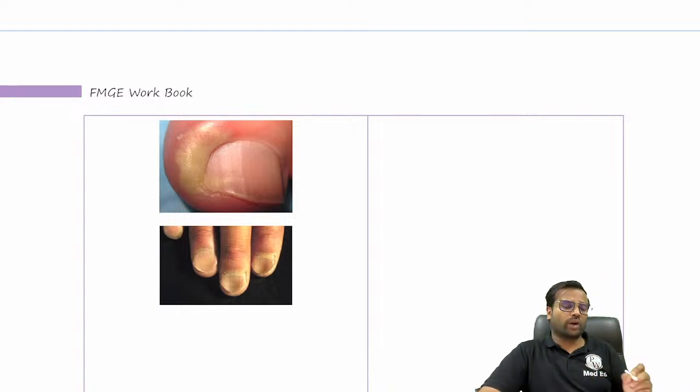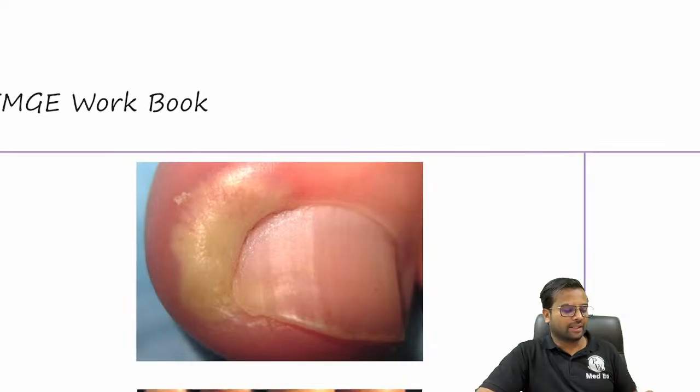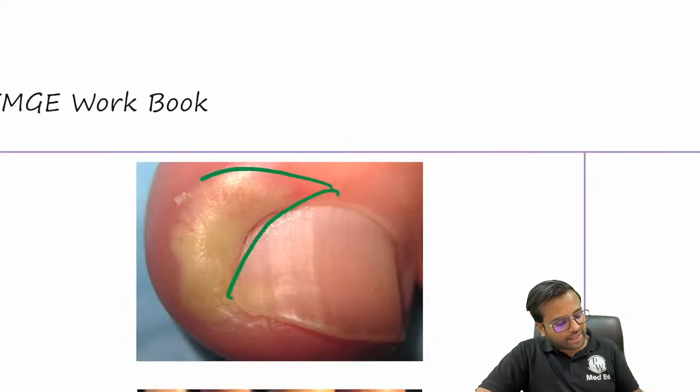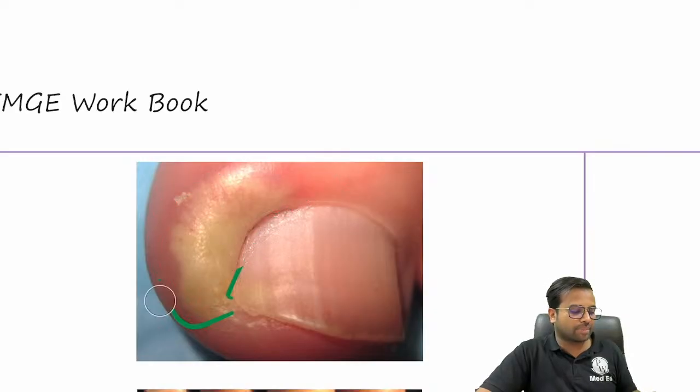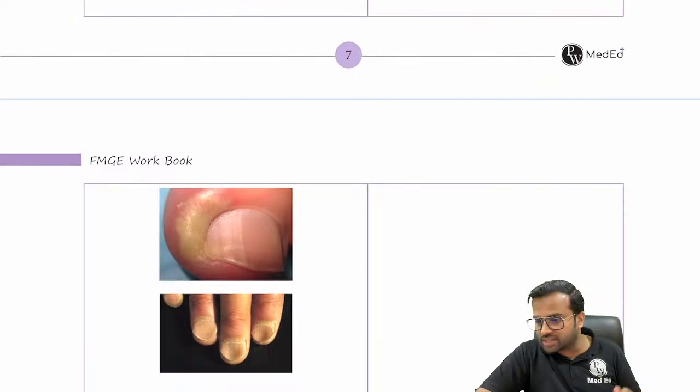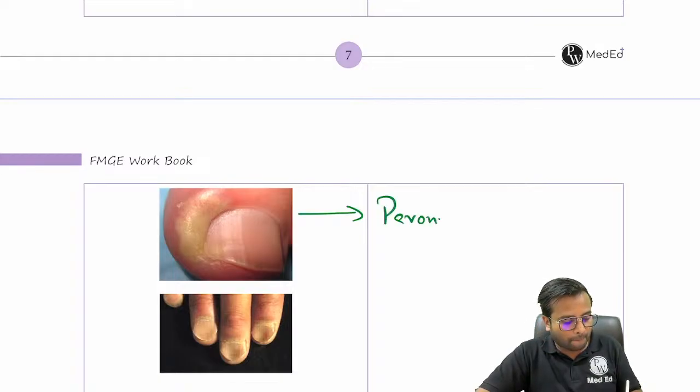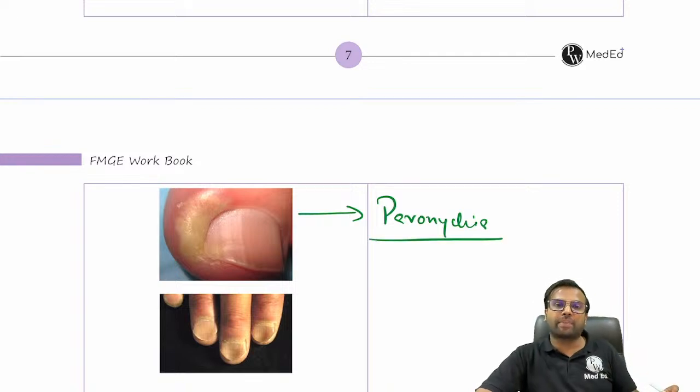So in this image, what I can see is a patient coming to you with a nail finding. The lateral nail fold has become inflamed, and some yellow discoloration can be seen. What is this? Very good. All of you are giving the right answer. This is called paronychia. Whenever a patient has paronychia, what would be your treatment?